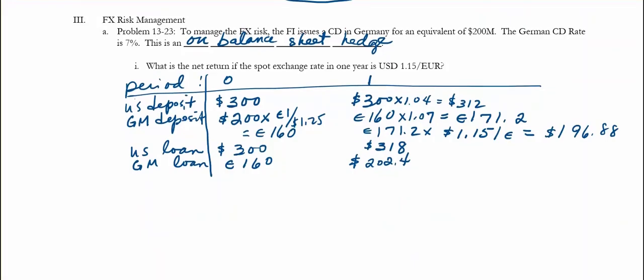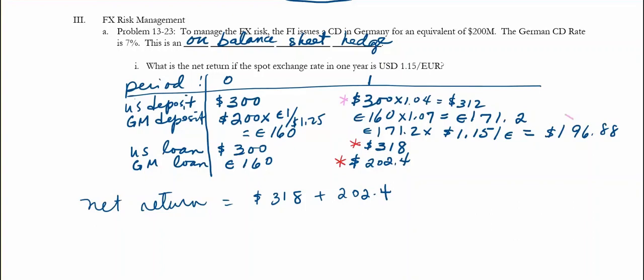Giving us a net return of $318 million from the US loan and $202.4 million from the German loan, and having an obligation of $312 million to US depositors and $196.88 million to German depositors.